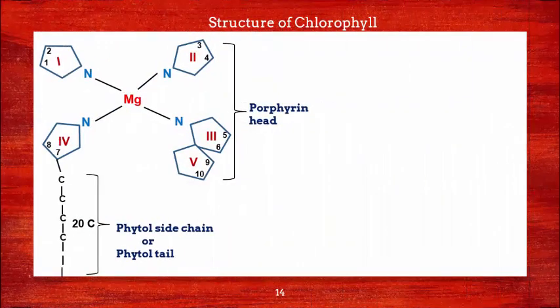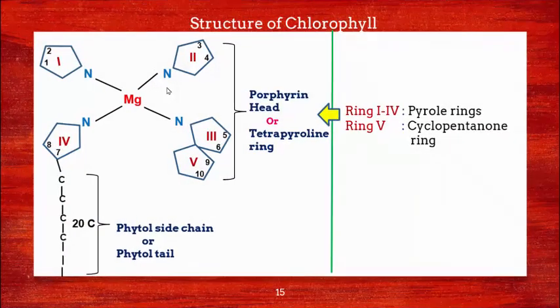Chlorophyll molecules are made up of two parts, head and tail. The head region shows a tetrapyrrole ring with magnesium in the center, and then there are 4 nitrogen atoms. Look at the structure.